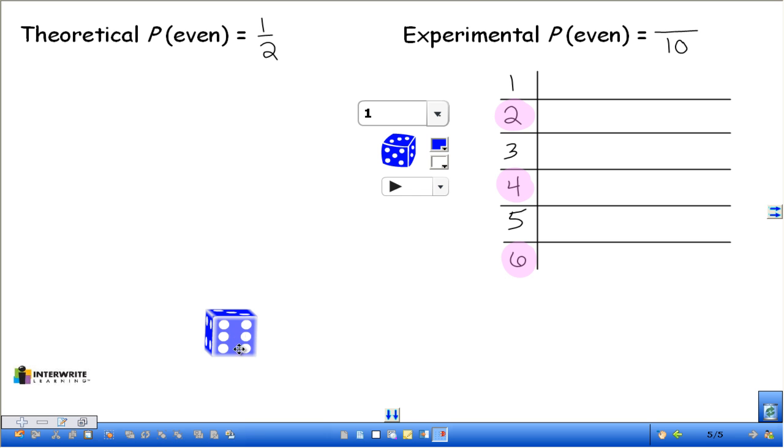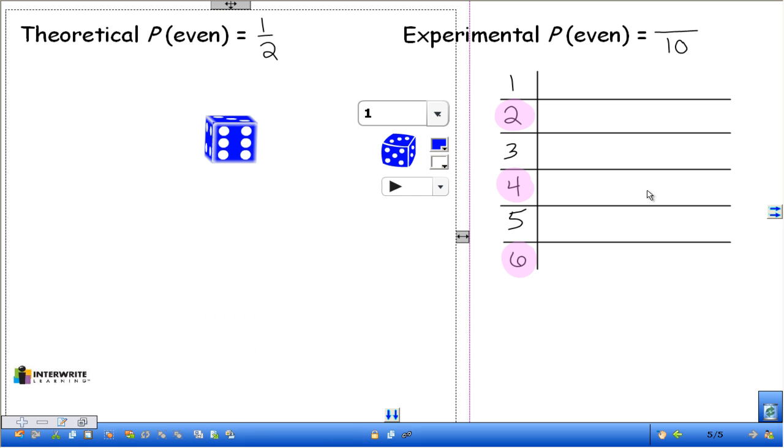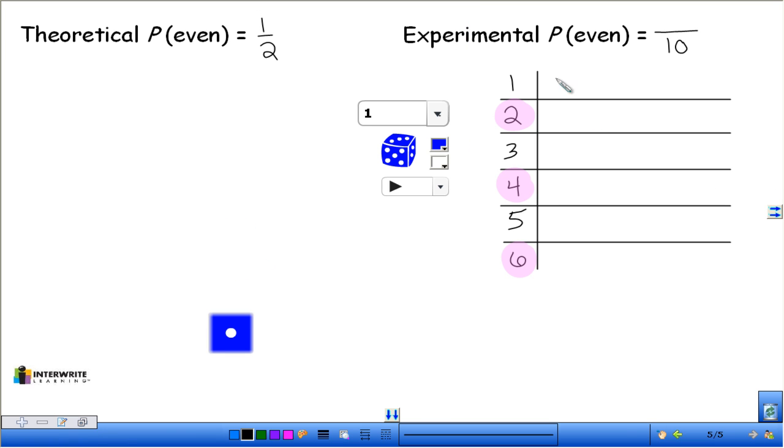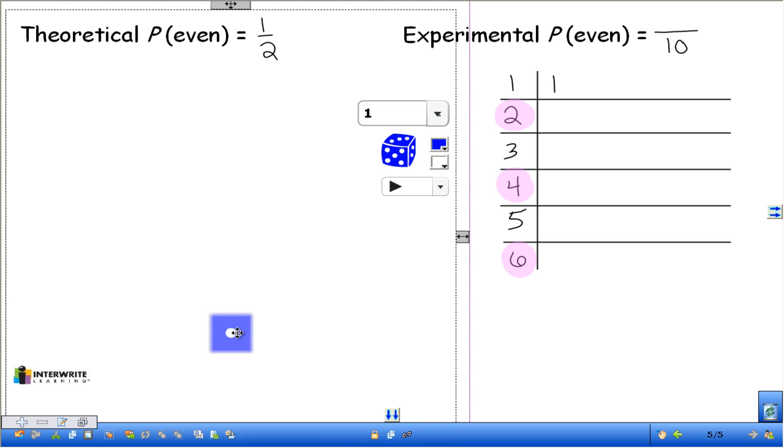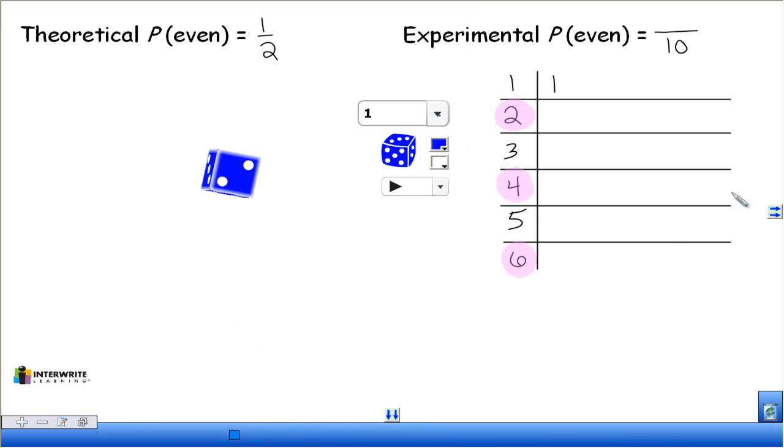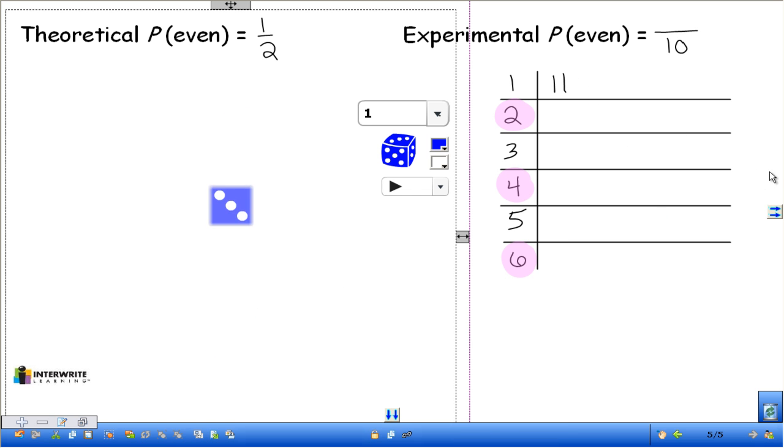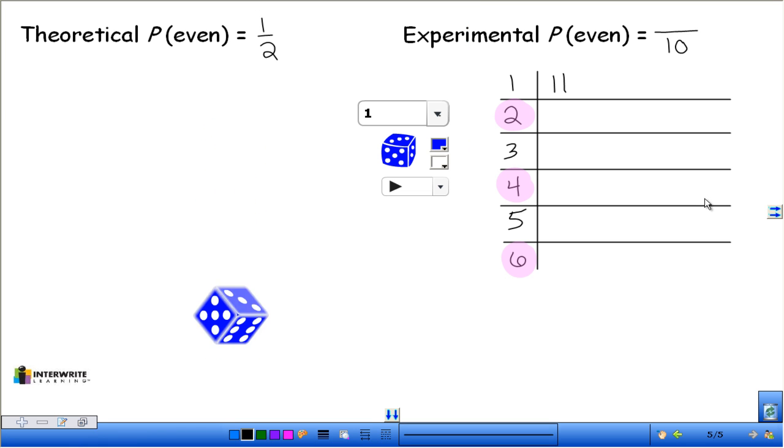I think I click here. I just have to click on it. So there's a 1. And a 1. And a 4.